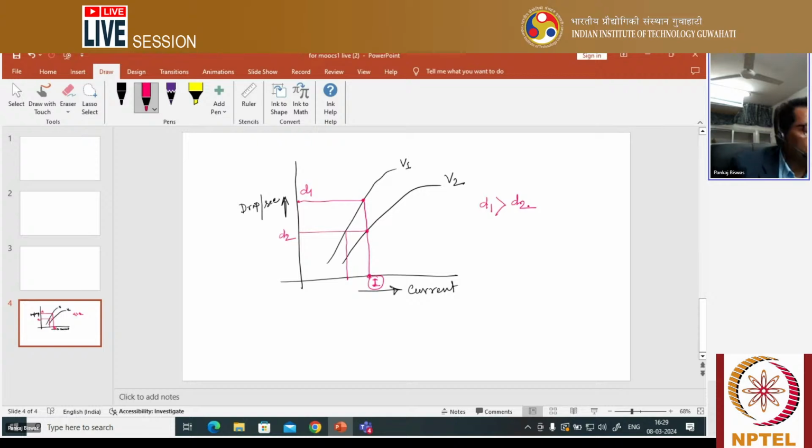But here one thing you should keep in mind. Here, V2 is less than V1. What I am telling, understand? That means lower the voltage, or you can say V1 is greater than V2.